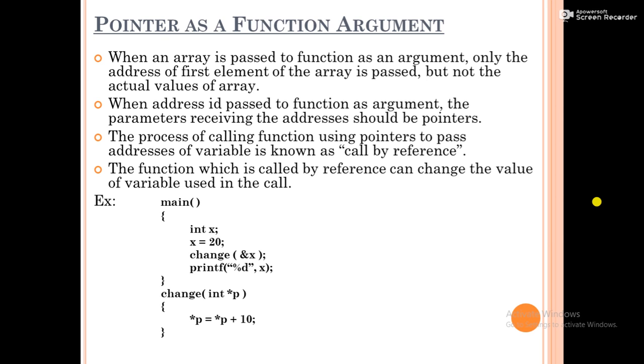In the change function, *p = *p + 10: *p has the value 20 and we add 10, and store it back in *p, which is the x variable. Then it prints %d, which is 30. So what is the output of this program? That is 30.